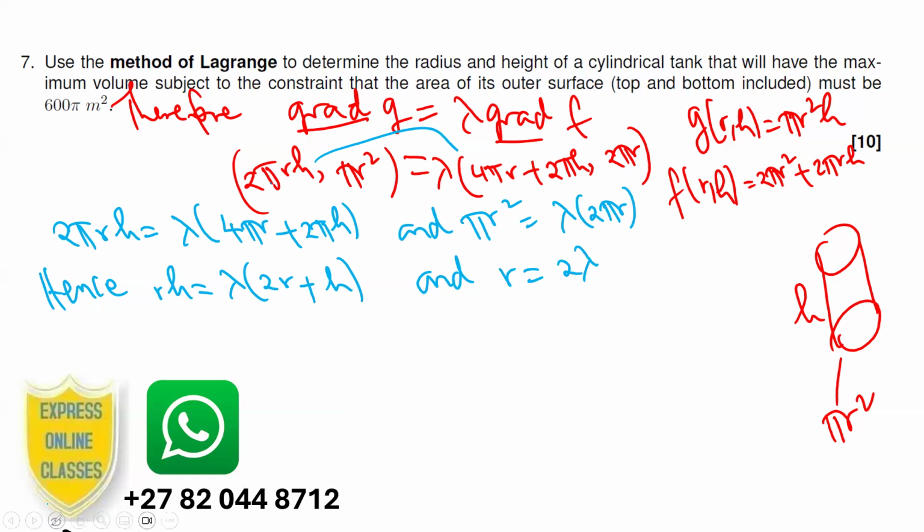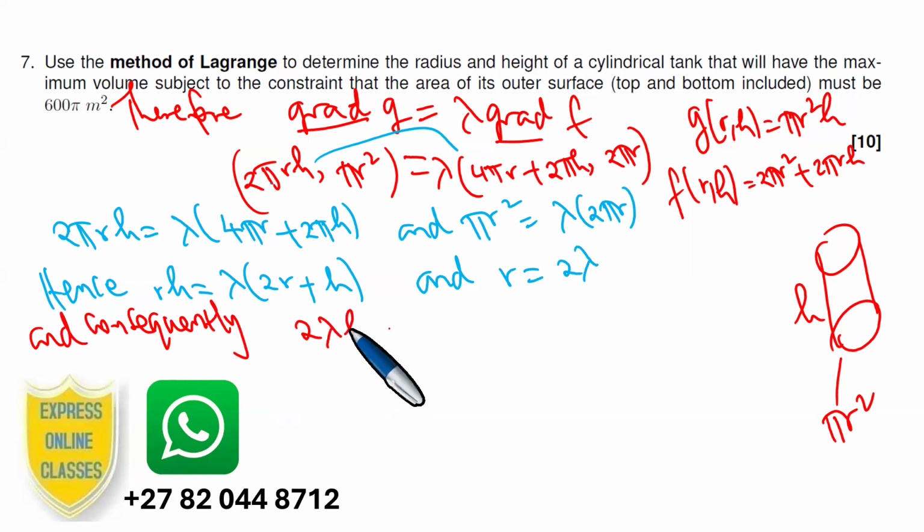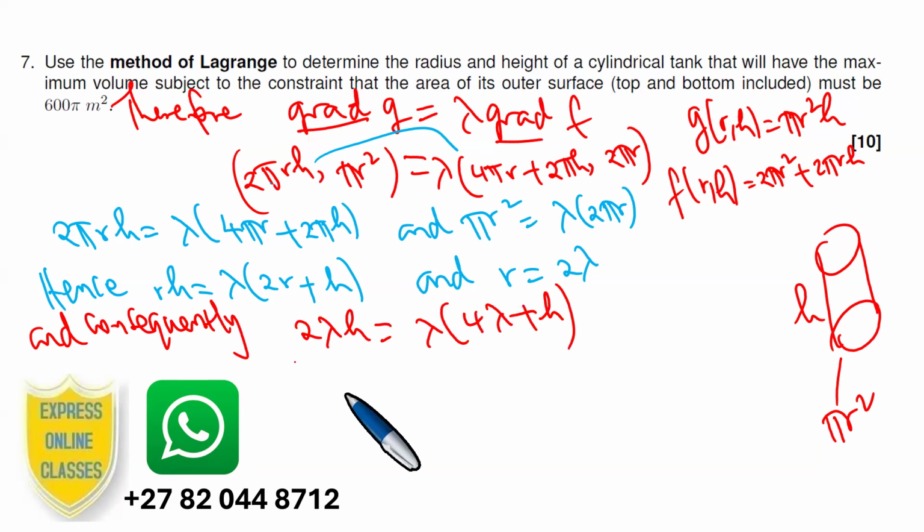And if we can do this, then consequently, 2 lambda h is actually lambda times (4 lambda plus h). In other words, you come to this formula.